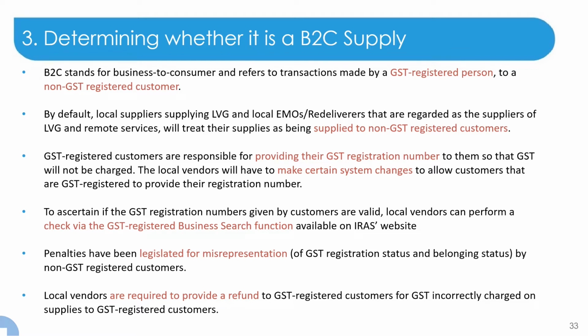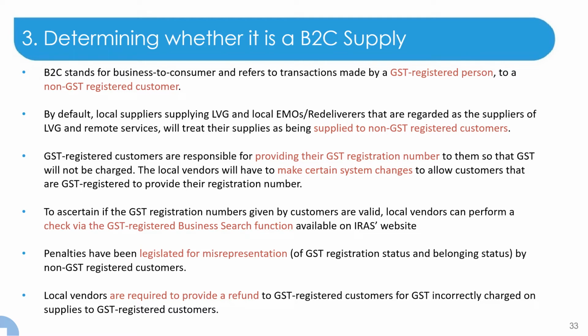GST registered customers are responsible for providing their GST registration number to the vendors so that GST will not be charged. The local vendors will have to make certain system changes to allow customers that are GST registered to provide their registration number. To ascertain if the GST registration numbers given by customers are valid, local vendors can perform a check via the GST registered business search function available on IRAS's website.